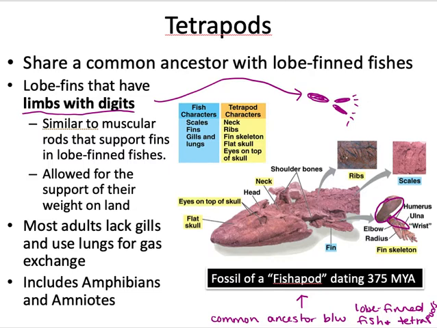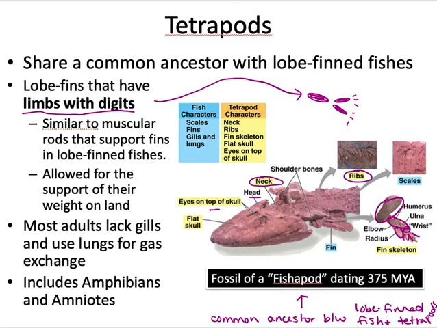That's the shoulder. One bone, the humerus, two bones, and then many bones. So very similar structure to the tetrapod limb. But like fish, it had scales, fins, gills, and lungs. Other features that were similar to tetrapods in addition to the limb include a neck, which fish don't have, a head with the eyes on top of the skull, and ribs. That's another important one right there, a rib cage.